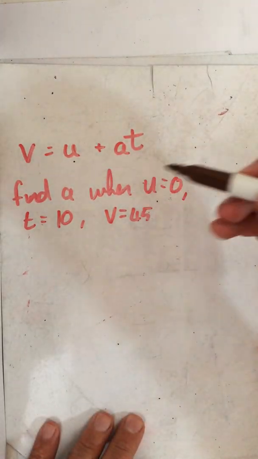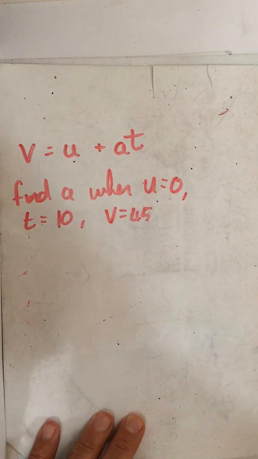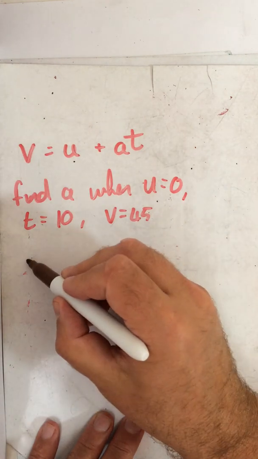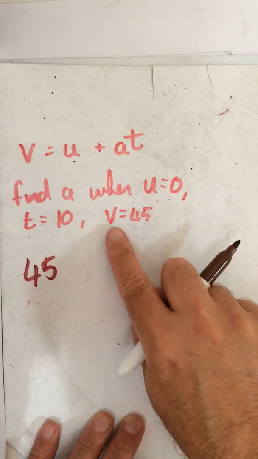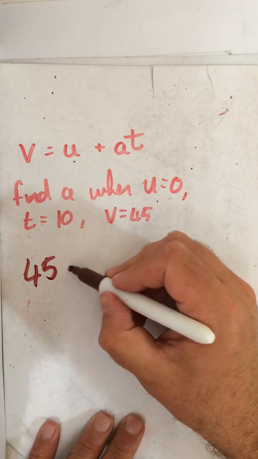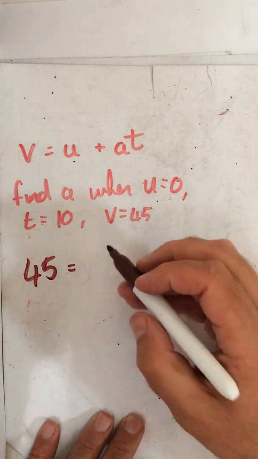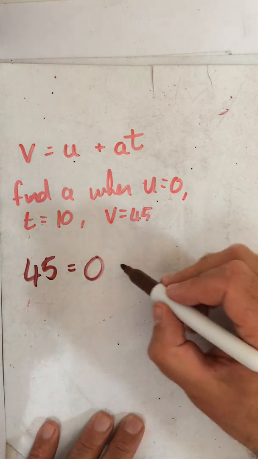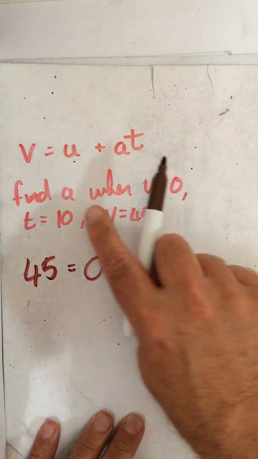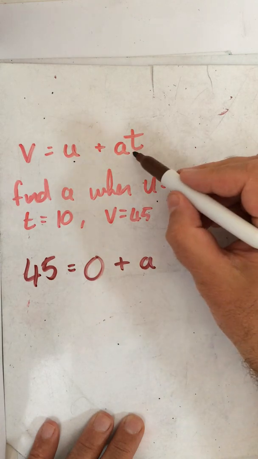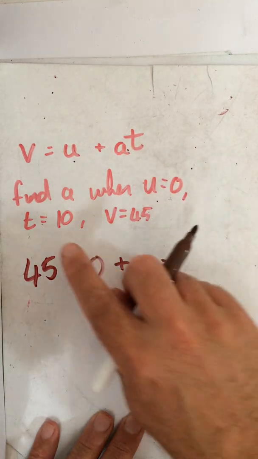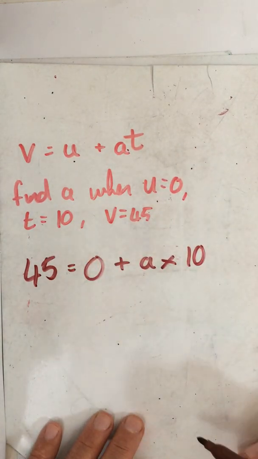So let's go back to it: we've got to find v is 45. I'm just substituting the letters with the numbers. 45 equals u, 0, plus a times t, which is 10.